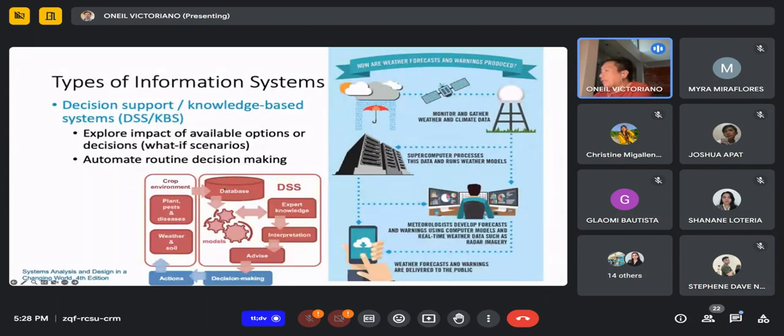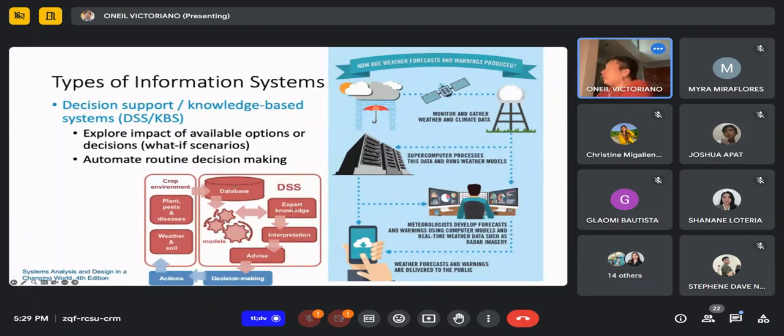So example here in the picture, we have a lot of data from crop environment, like plant, pest, disease, water, and soil, and it will be loaded into the database. Now you have expert knowledge.